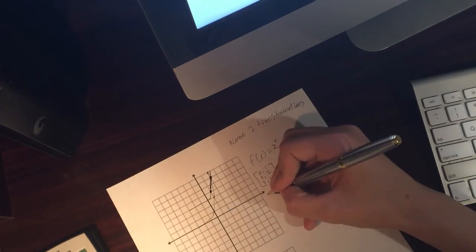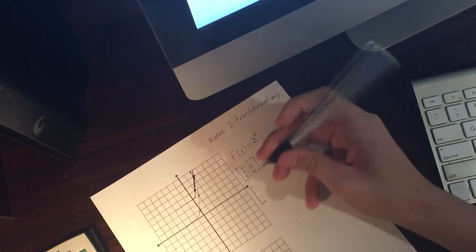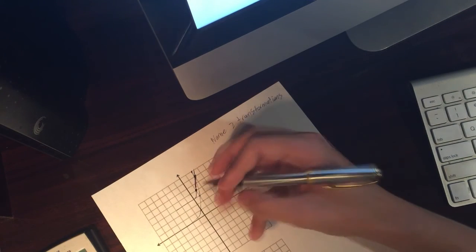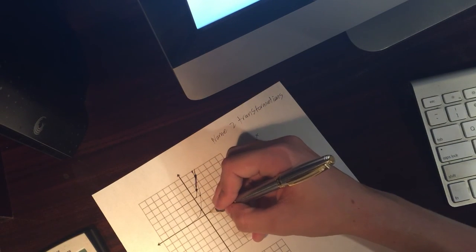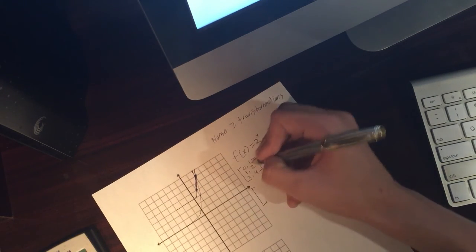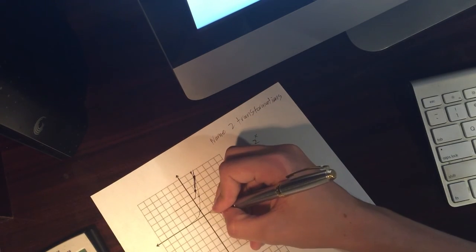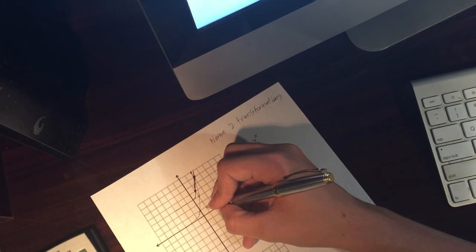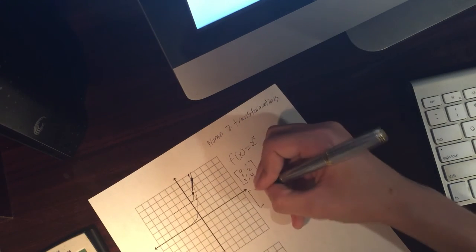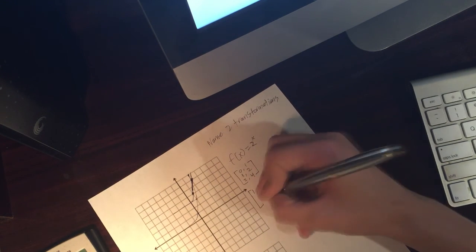So we see the points right here. Now, the new ordered pairs, or the points that we need to look at, are now on the new graph. So right here it's going to be (0, 1), but for the new graph it's going to be (1, 4).